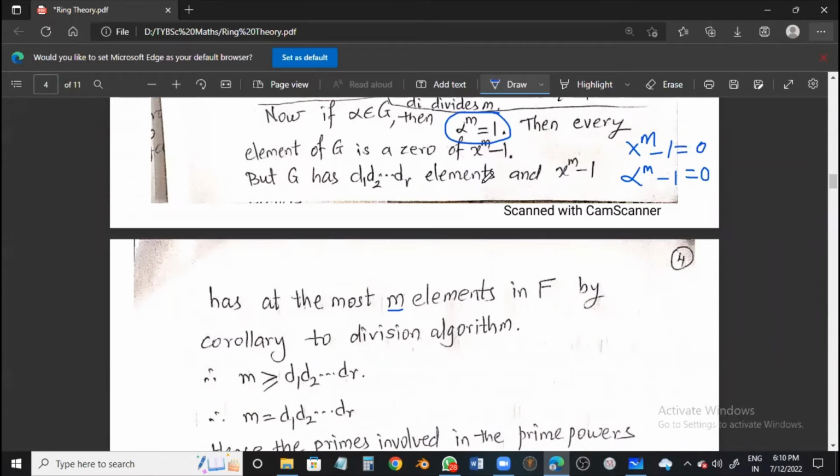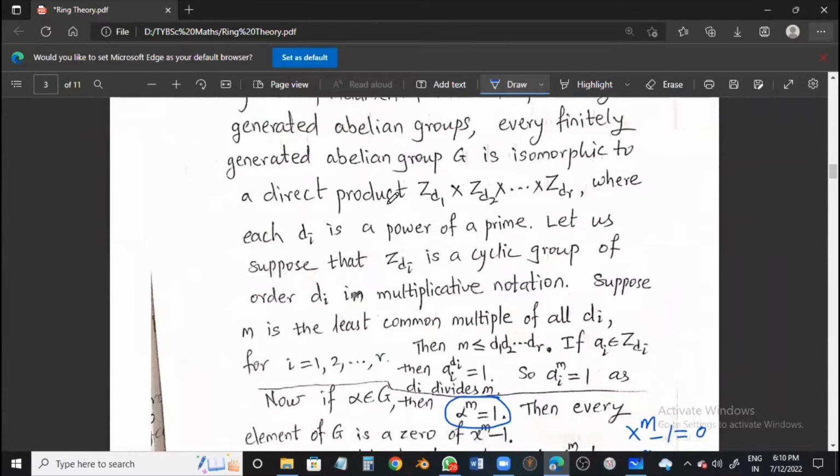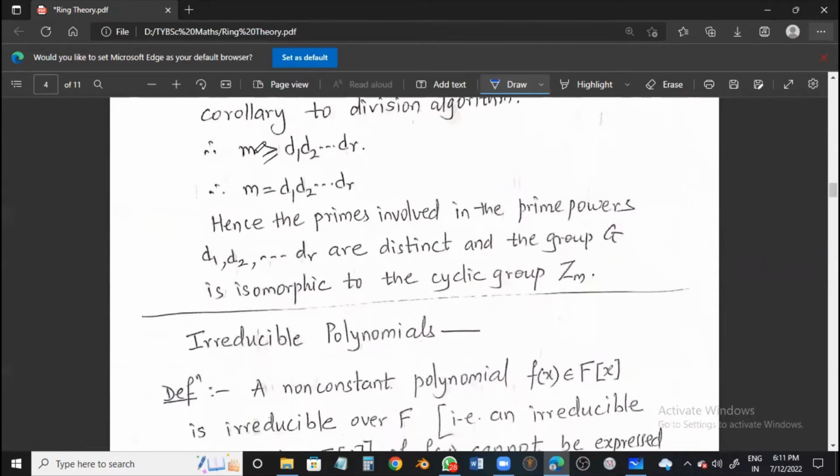You are saying these many elements are there, and then you are saying it has at most M elements, which will mean that M is greater than or equal to D1, D2, DR. Here you said M is smaller. This is your statement. I hope you can recall. And now you are saying that M is greater than or equal to this product, which will mean that M is nothing but the product of these. Hence, the primes involved in prime powers are all distinct, and the group G is isomorphic to the cyclic group Zm.